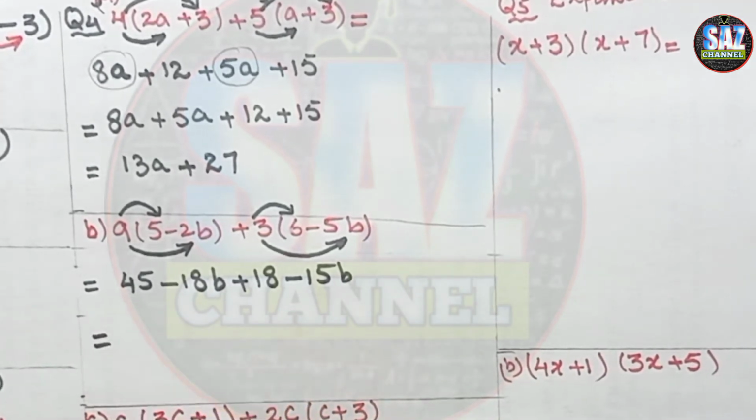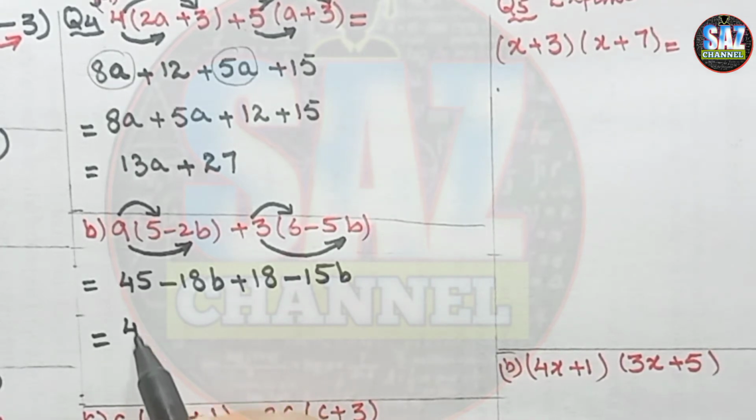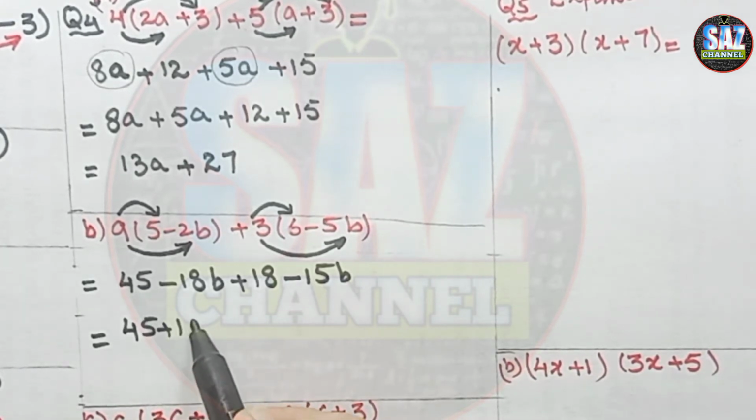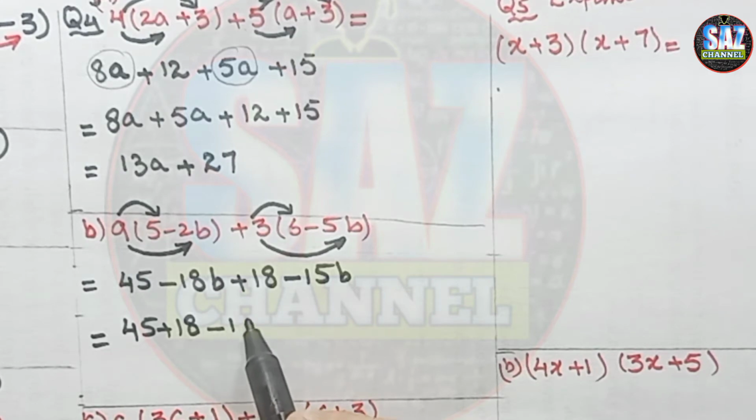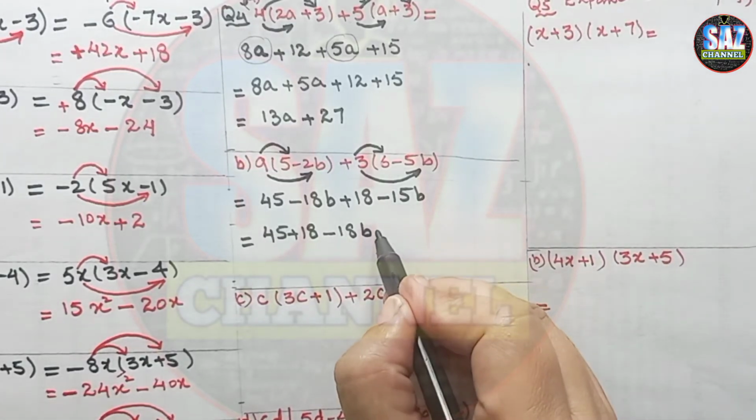Then we have to write down the like terms together, like 45 plus 18 minus 18b and minus 15b.